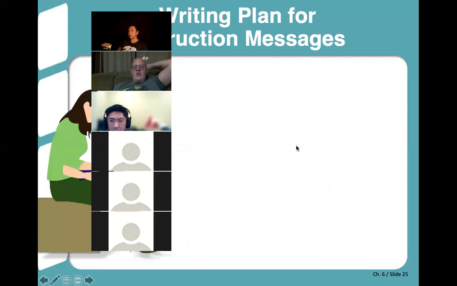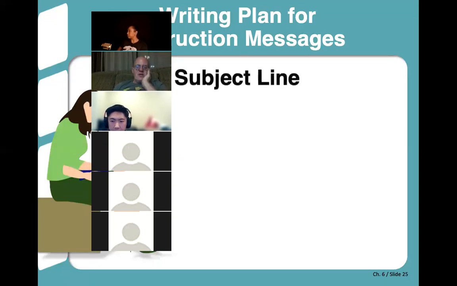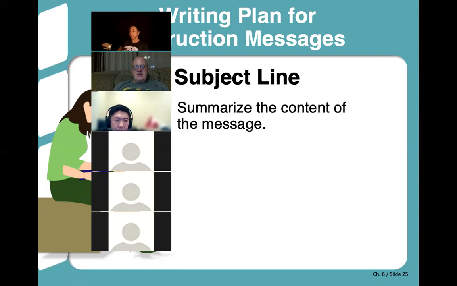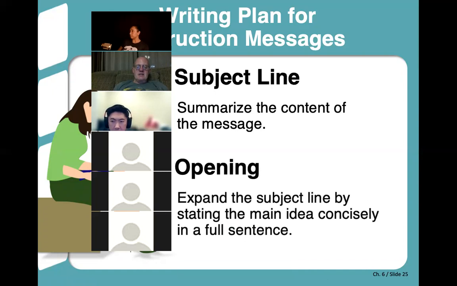Now, writing positive instruction messages here. Just like every other message that we're going to write, there needs to be a subject line, which, like I've said, will summarize the content of the message. You'll have an opening, which is going to elaborate the subject line.